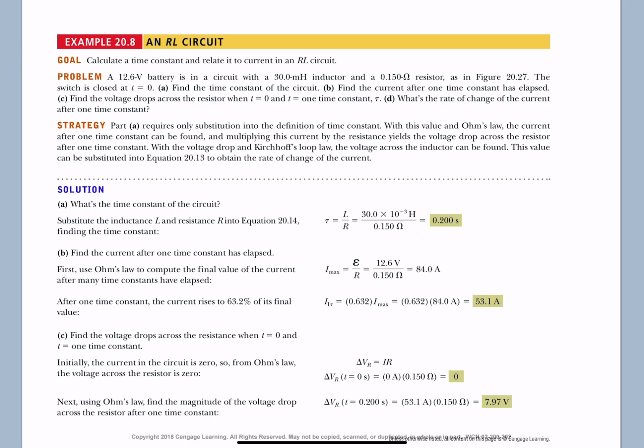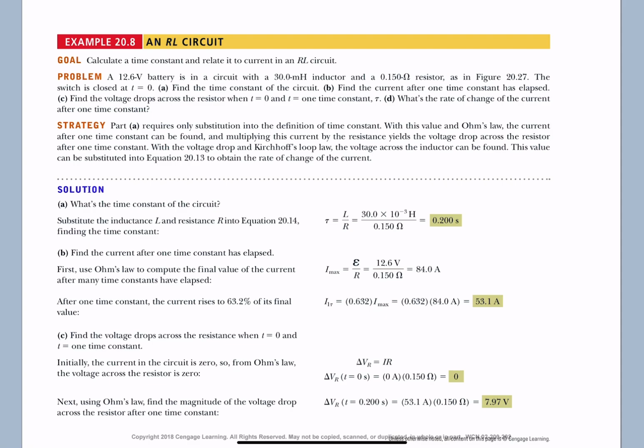Here's where you take your voltage divided by the resistance to get your maximum theoretical possible current of 84 amps, and you multiply it by your 63.2% to get your actual current after one time constant, 1 tau. And then finally, find the voltage dropped across the resistance when t equals 0 and t equals 1 time constant. And again, we're using Ohm's law.